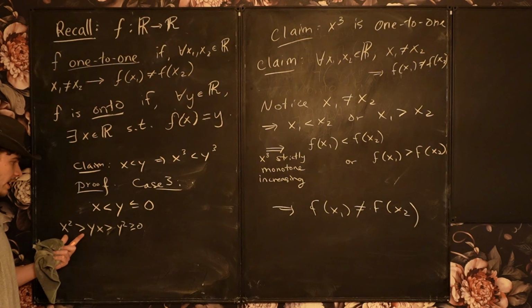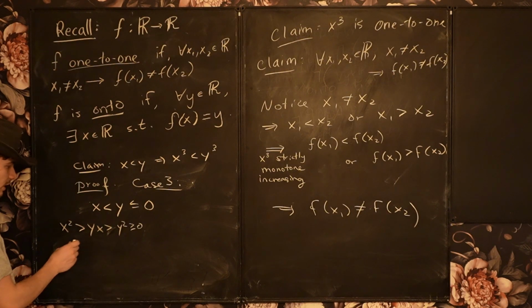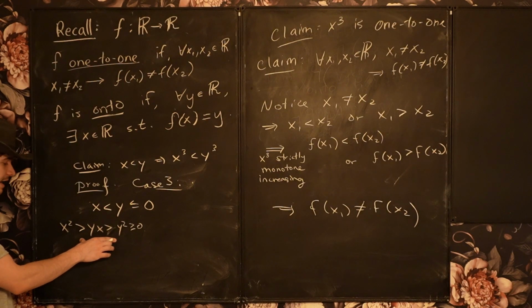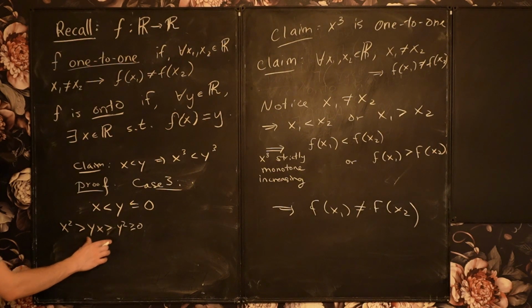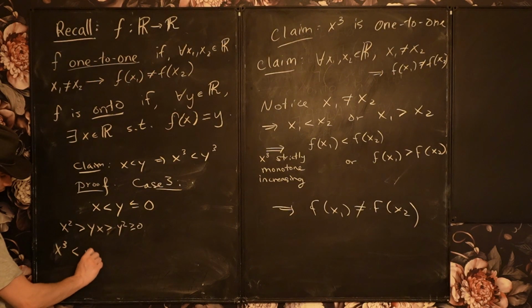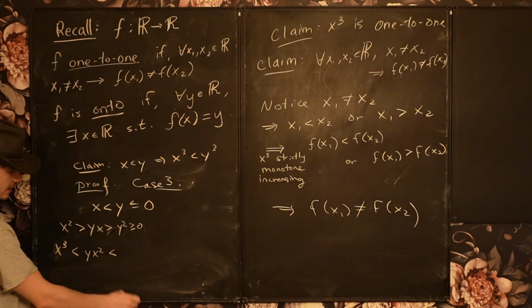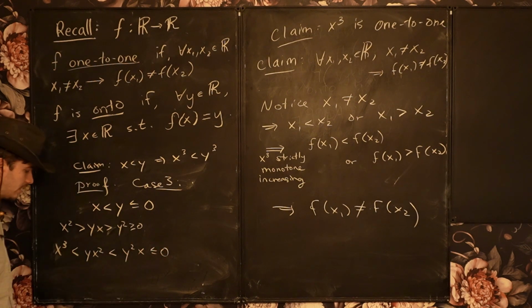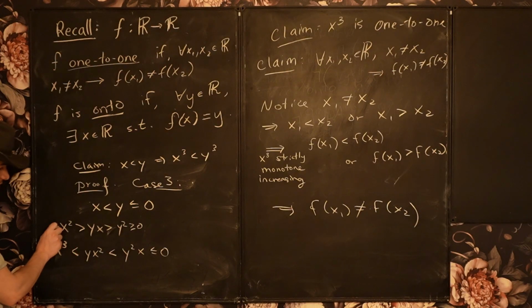And now I'm going to multiply everything here by an x. So when I multiply everything here by an x, since x is negative, it's going to flip the inequalities one more time. So x cubed less than yx squared less than y squared x less than or equal to 0. And then similarly, I'm going to start here again, but now multiply this by y.